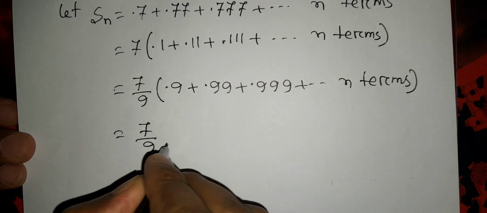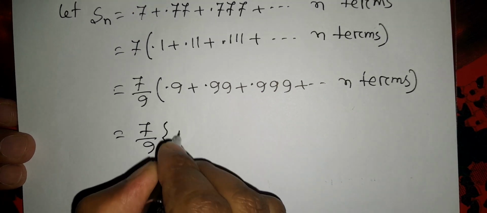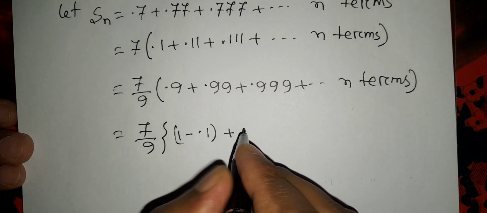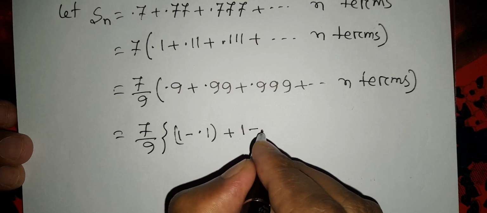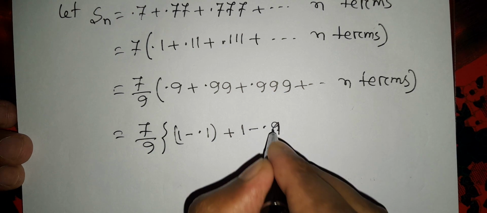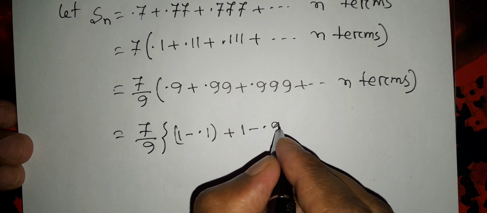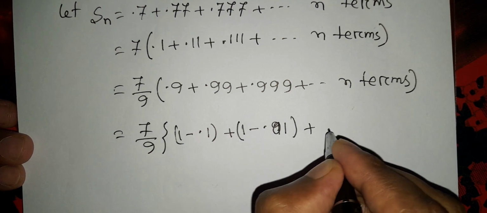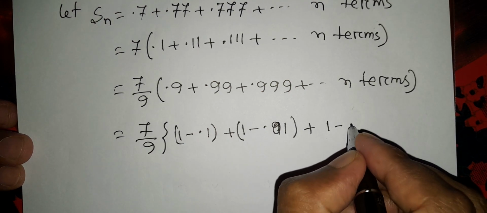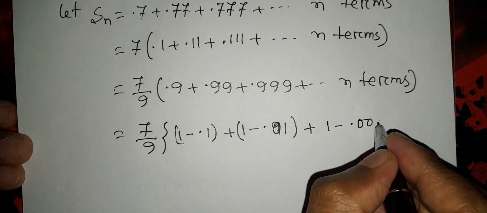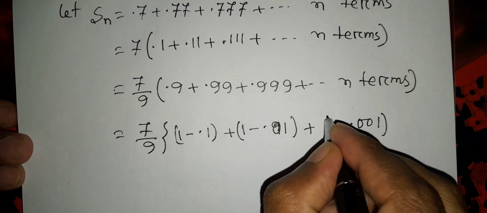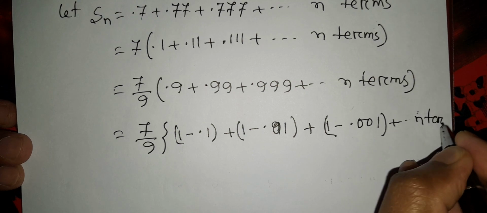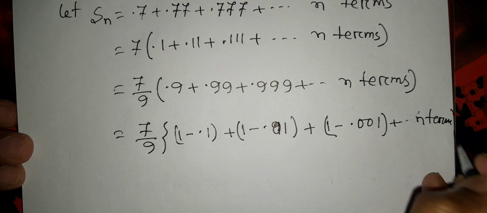7 by 9 here. 1 minus 0.1 equal to 0.9. 1 minus 0.01 plus 1 minus 0.001 ... up to n terms.